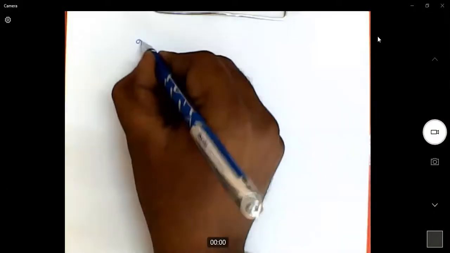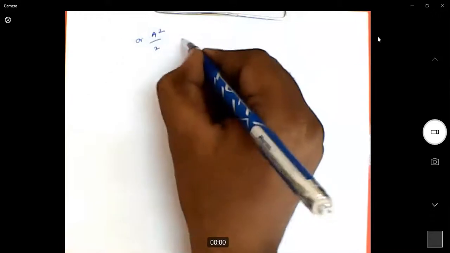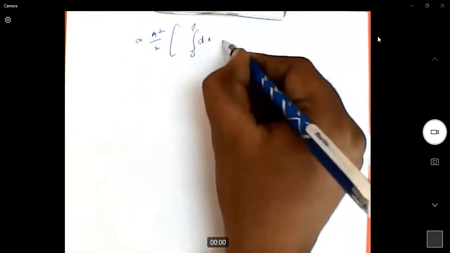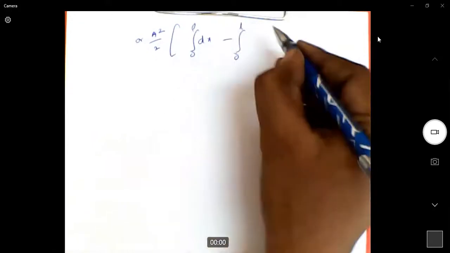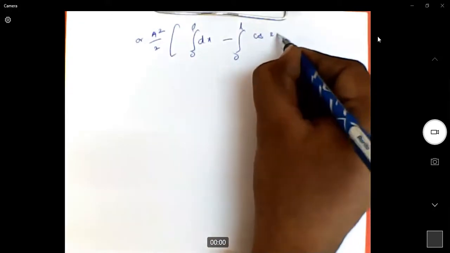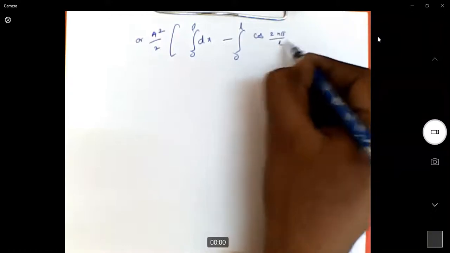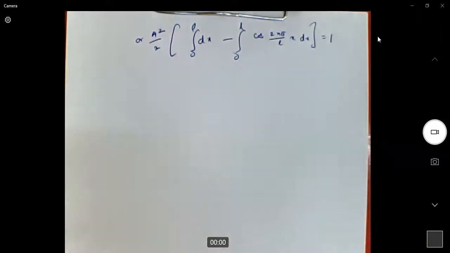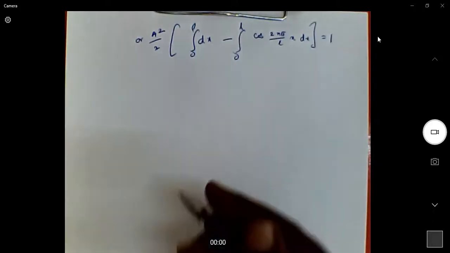So we have a squared by 2 integral 0 to L dx minus integral 0 to L cos(2n pi by L into x) dx is equal to 1. What is the integration for dx?